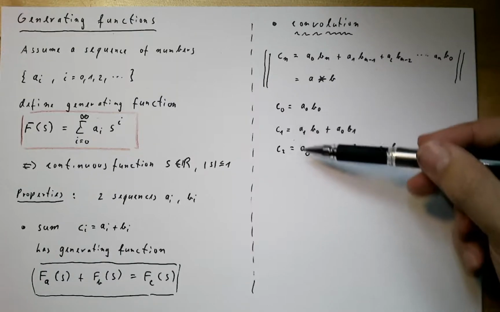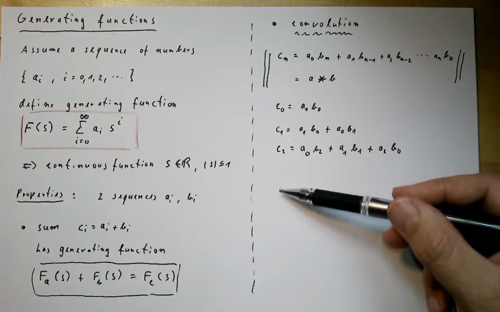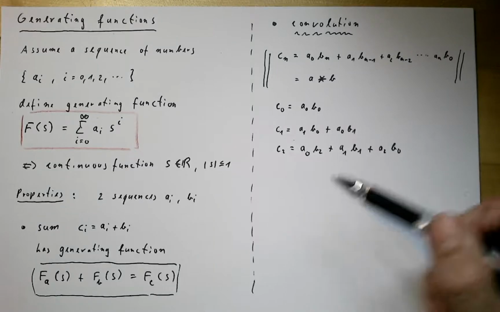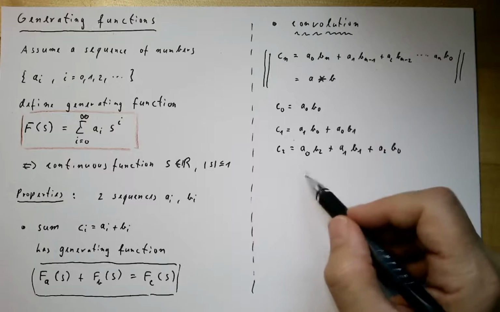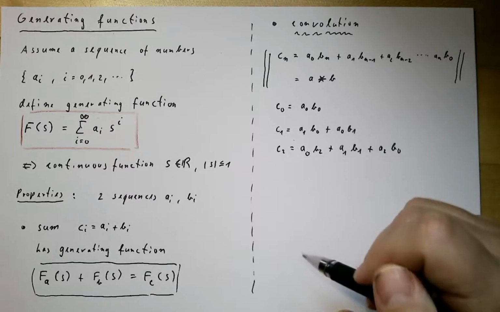So you see, you generate a sequence where later elements are computed by taking longer sums of values.